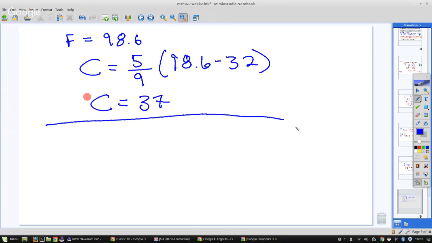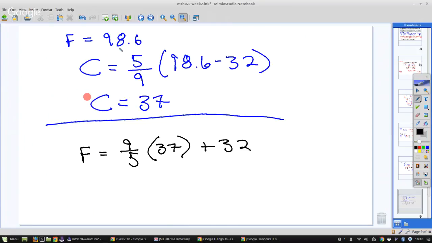Now the original formula I started with said that to calculate Fahrenheit, given Celsius, you would take 9/5 times the Celsius temperature and then add 32. I think the Celsius temperature is 37, so let's reverse it and see what I get. What happens if I take 9/5 times 37 plus 32?